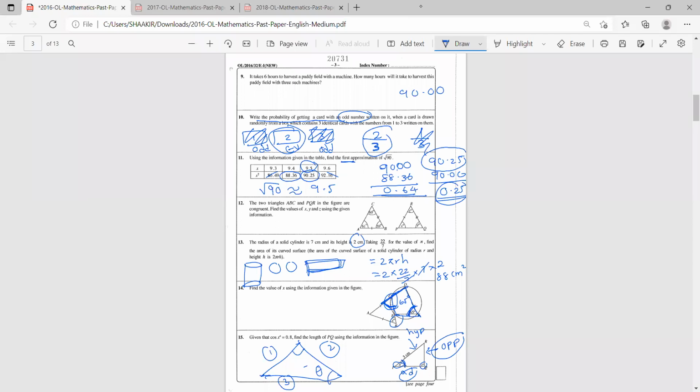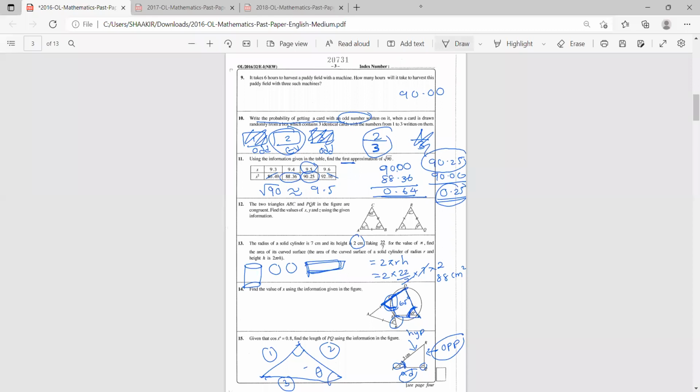How to identify? You can see here, this is 90 degrees. Opposite of 90 degrees, what is the side? It is side 3, so 3 is going to be the hypotenuse. Opposite of 90 degrees is always the hypotenuse side. And I am taking this angle now.